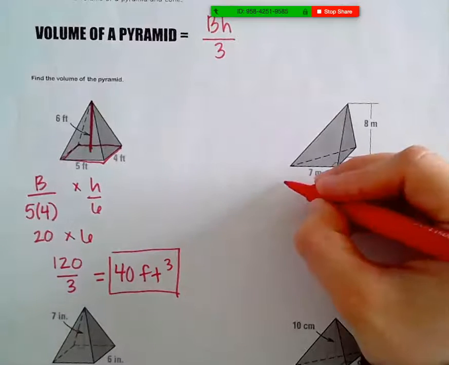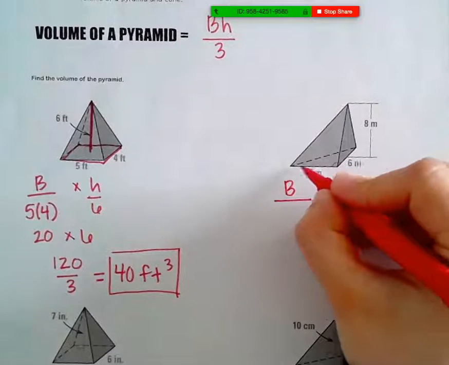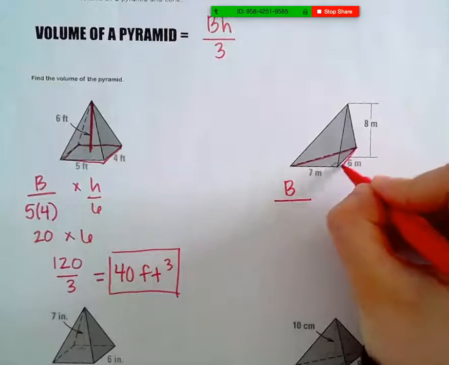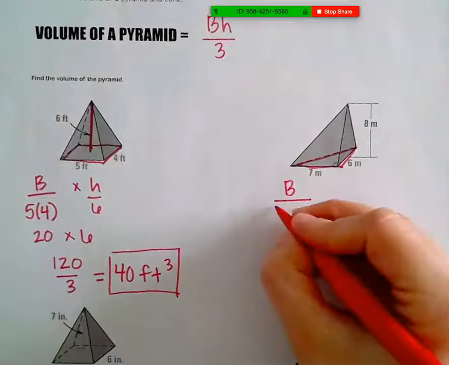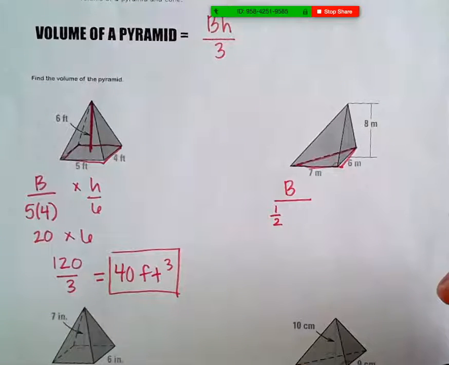Okay. So this time, what's our base shape on this pyramid? A 7. But what shape is it, though? Oh, right. Triangle. Do you guys remember the formula to find the area of a triangle? Nope, we don't need to use the Pythagorean theorem. It's just half times base times height. Beautiful.